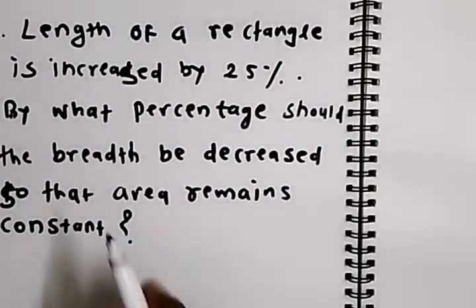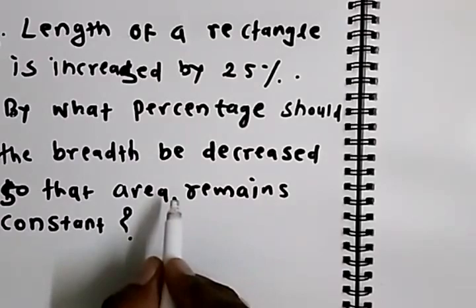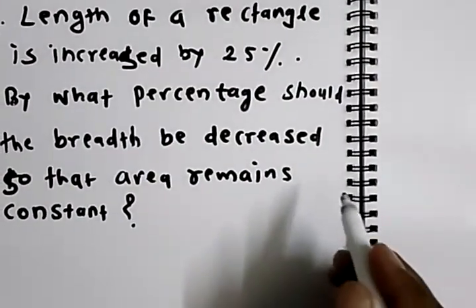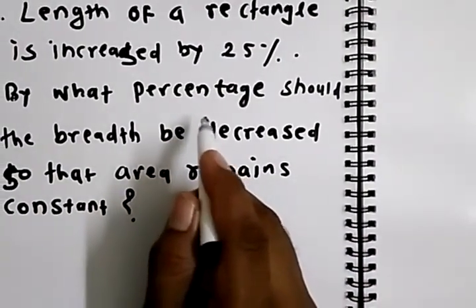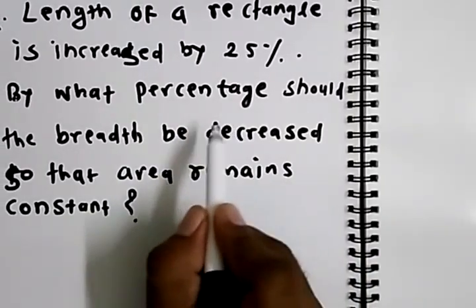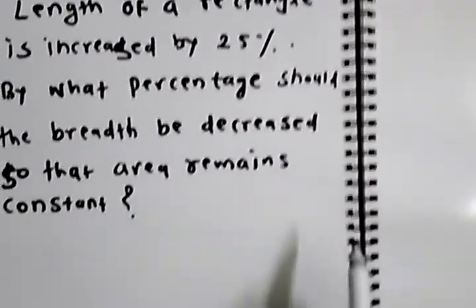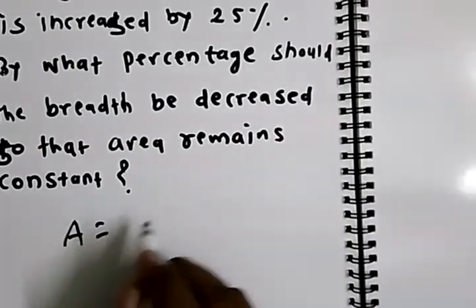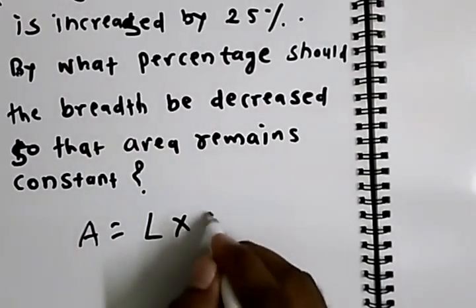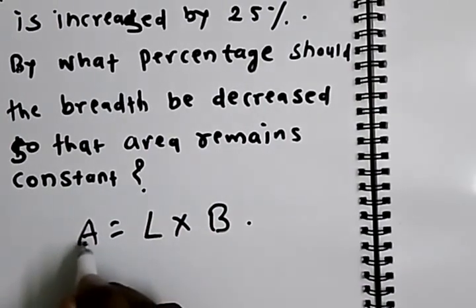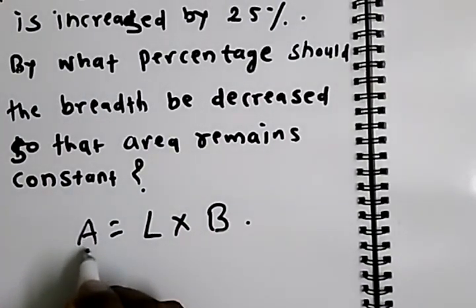Let's see one more question on the same concept. If length of the rectangle is increased by 25%, by what percentage should the breadth be decreased so that the area remains constant? So area of rectangle is equal to length into breadth. So area is to remain constant.